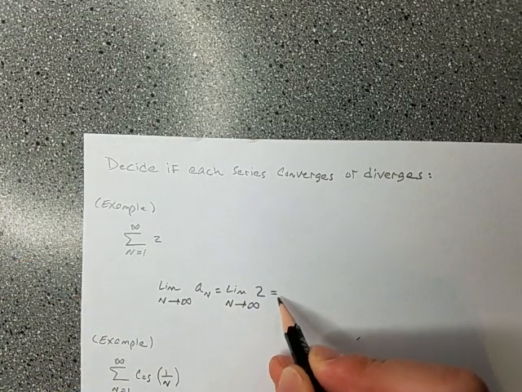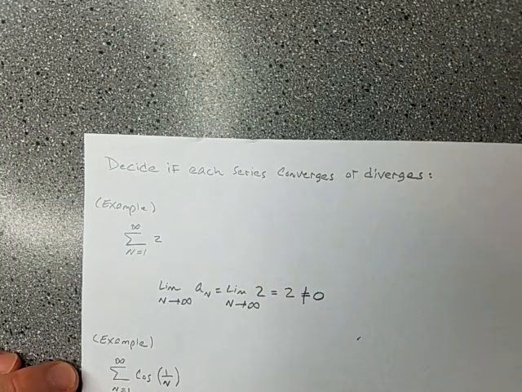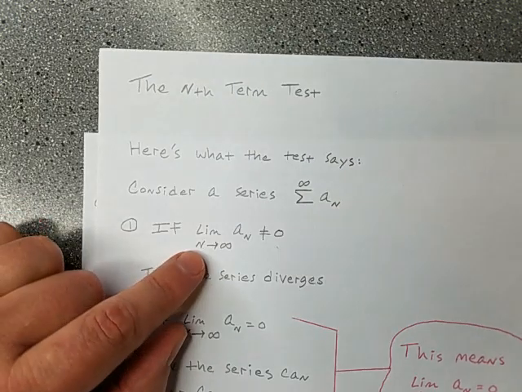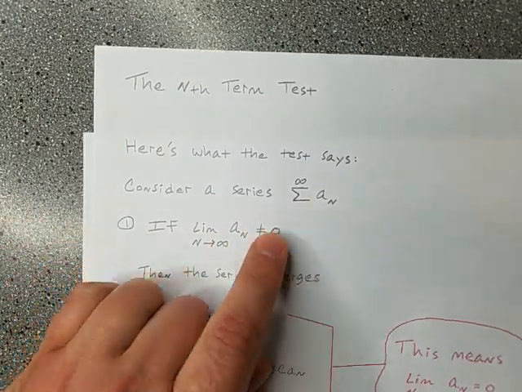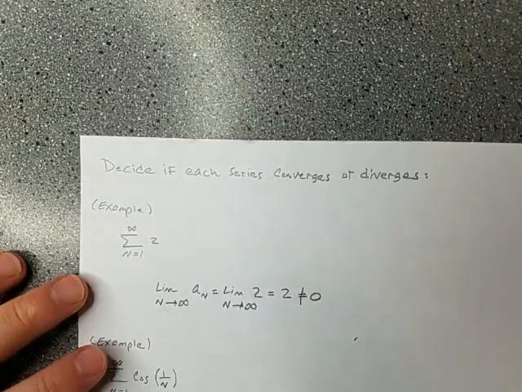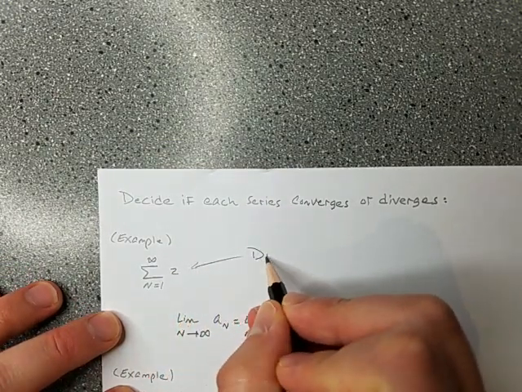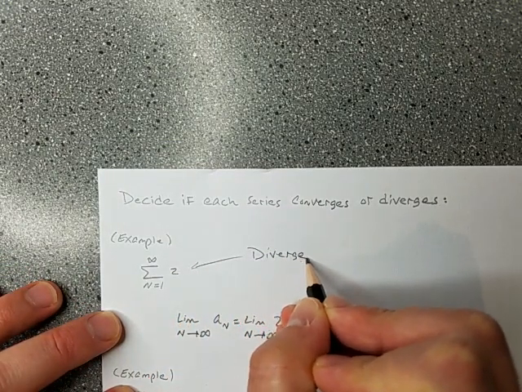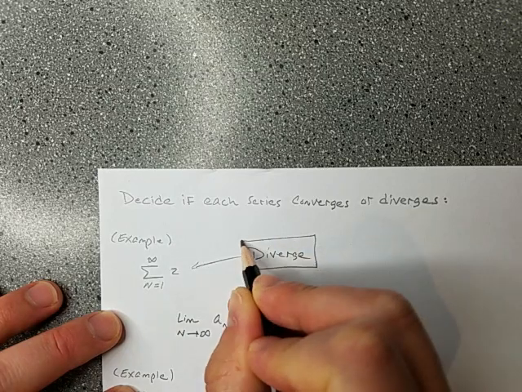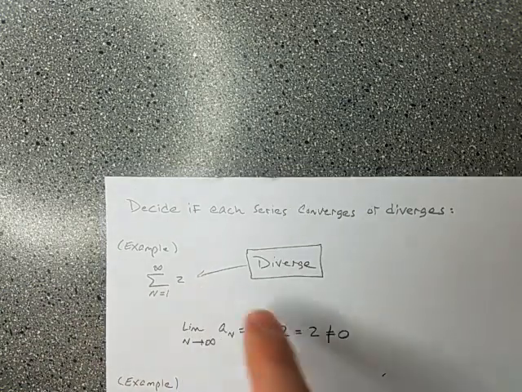Well, 2 is always 2, so that limit's 2, and that's not 0. First part of the nth term test: if the limit at infinity of that formula is not 0, it's conclusive that the series diverges. So the final judgment is it's going to diverge. Obviously, if you add 2 together forever, you have a series that diverges.